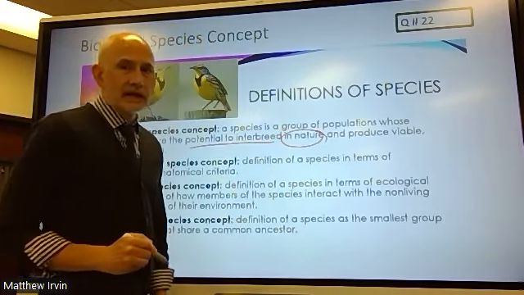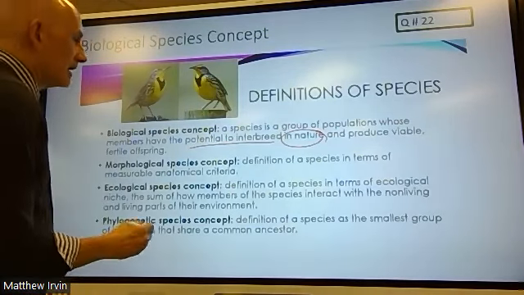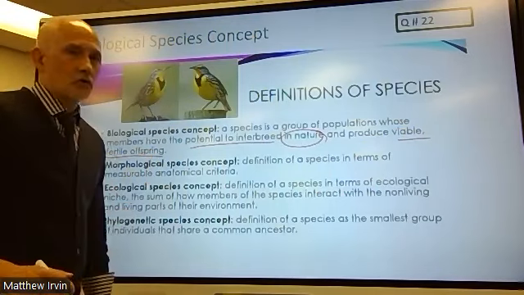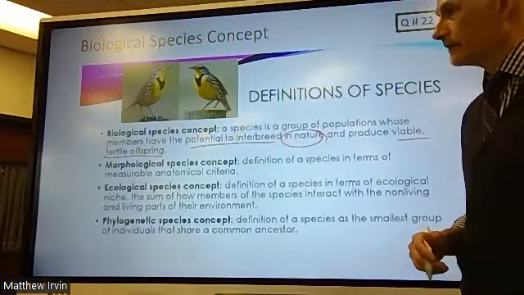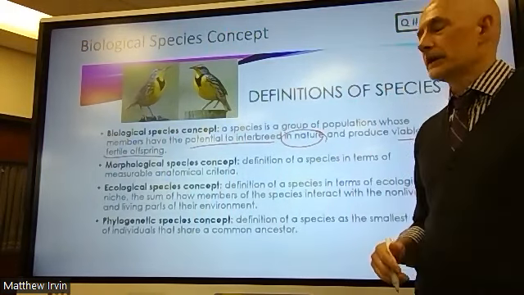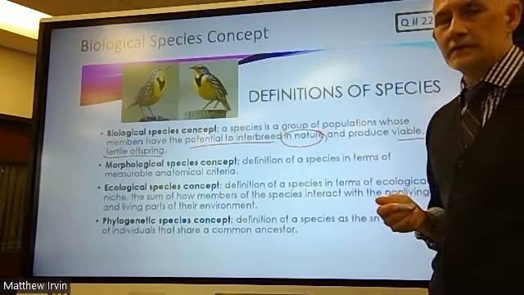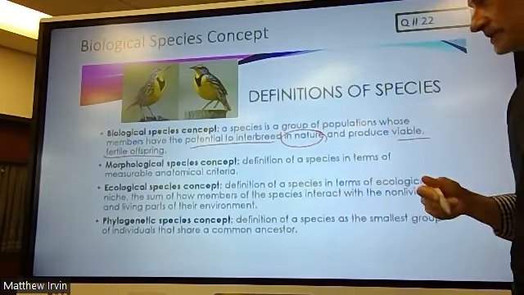So when we breed lions and tigers in zoos and make ligers, it does not count. And we are making viable offspring. So when donkeys and horses have mules, they're not fertile, they're not viable, that doesn't count either. And so we have to make babies that can make babies that can make babies.